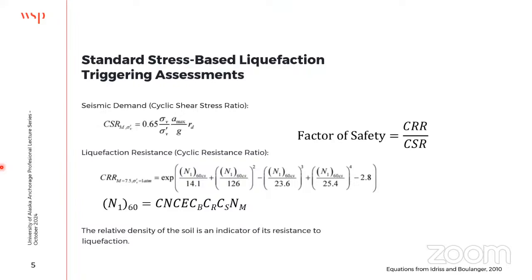There's a whole bunch of correction factors we have to apply. And so you see this (N1)60. This is basically a corrected value for 60% energy efficiency on the hammer, and one atmosphere of pressure at the surface. So we go through this whole equation in order to correct these blow counts.